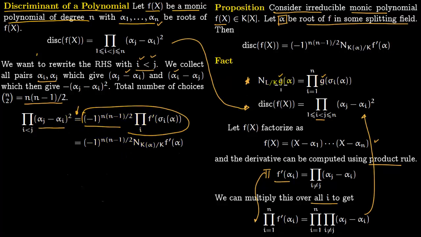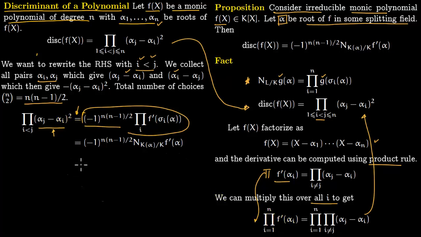Instead of g we are writing f prime, so you get the norm of f prime of alpha. So we had to make a square here, and we were able to make a square by choosing i and j appropriately, and n choose 2 was the term, and this negative we had to raise to the power of this so as to get this equality.